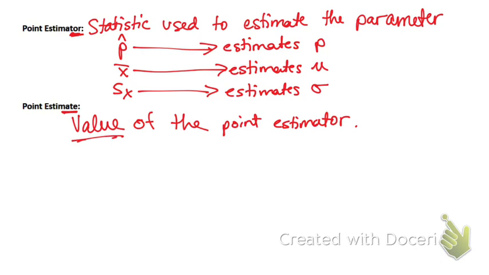This is now the actual number. Estimator is like a definition. It is what you are going to use to estimate one of those things. Are you going to use a sample proportion? Are you going to use a sample mean? So basically, you look at the problem and ask which one am I trying to estimate, the big picture, and then this is the actual number. All right, cool.